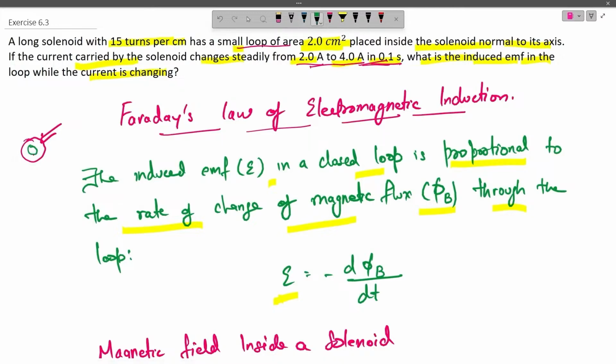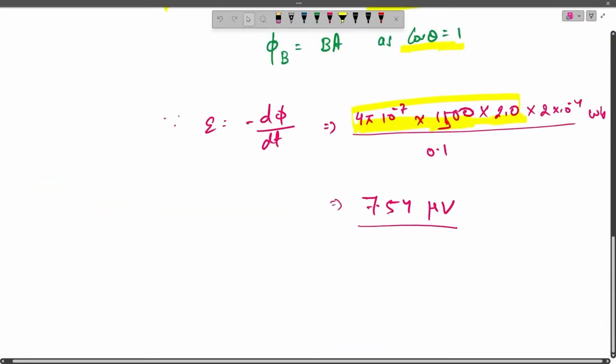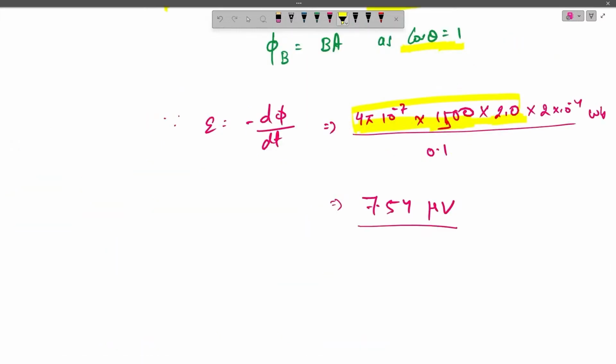If we convert centimeter to meter, 1 meter equals 100 centimeters, so we multiply by 100 and get 1500 turns. That's how we got 1500, multiplied by the area of the coil, that is 2 into 10 to the power minus 4, divided by the duration of time, that is 0.1 seconds. So here we will get 7.54 microvolt.